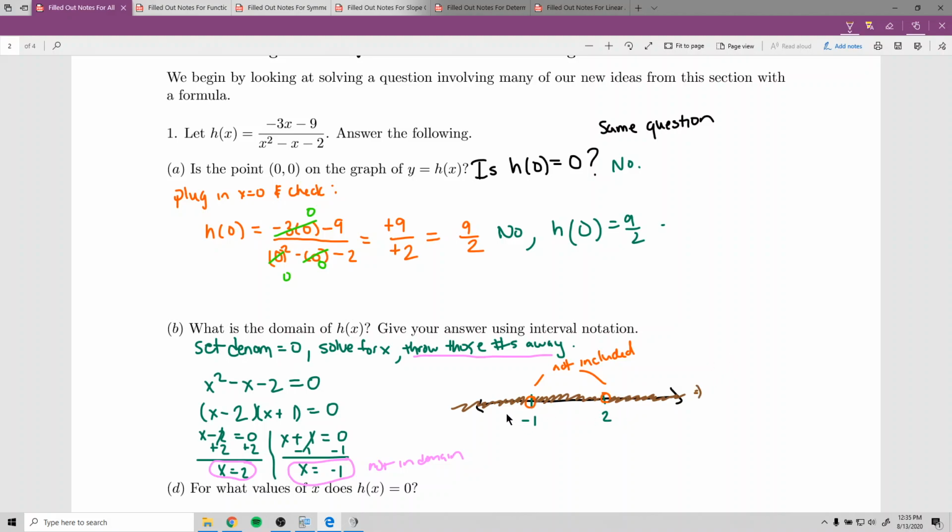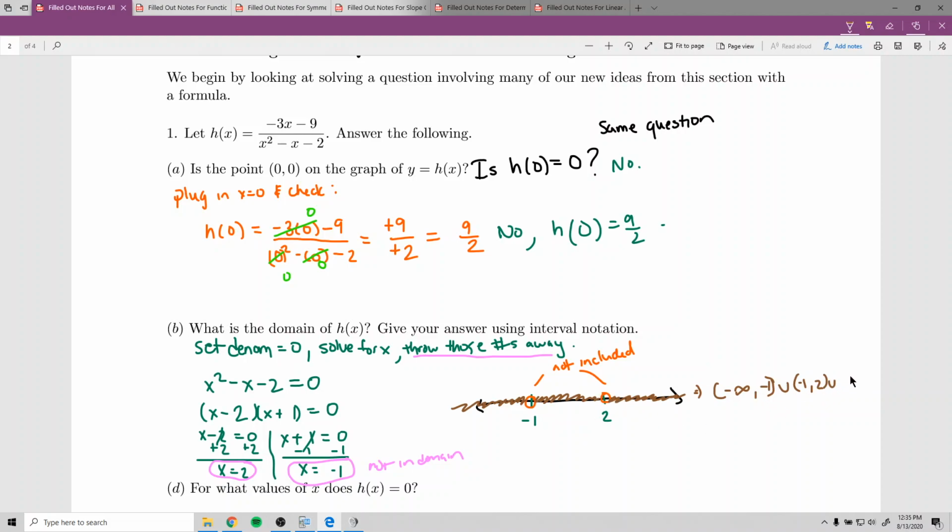And we write our interval notation now. The one on the left goes all the way back to negative infinity up to negative 1. Open circle means use parentheses. We have more than one interval, so we have a union. Then the next interval is from negative 1 to 2, both with parentheses, because they're open circles.